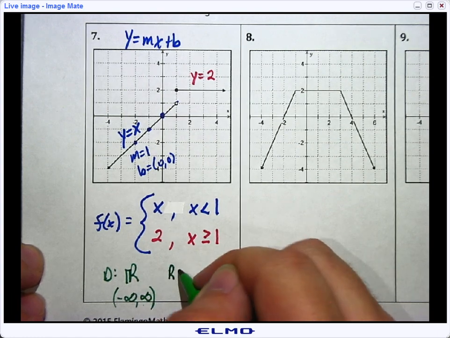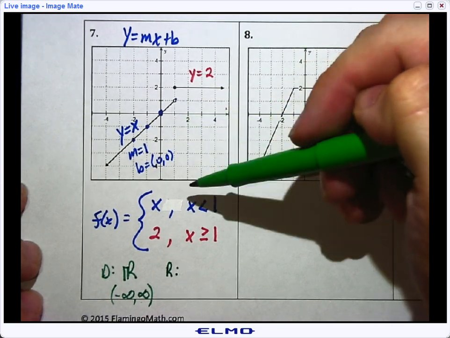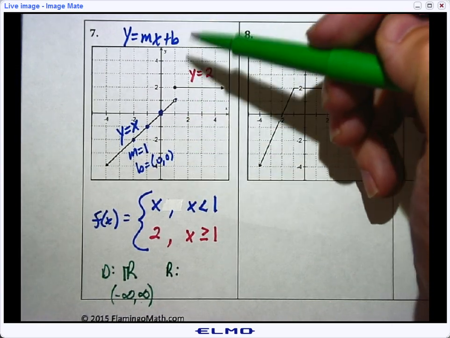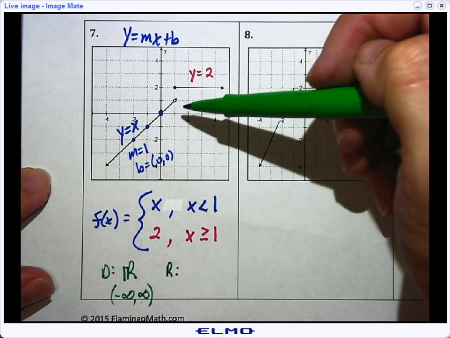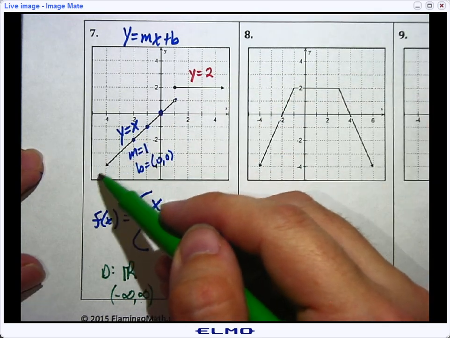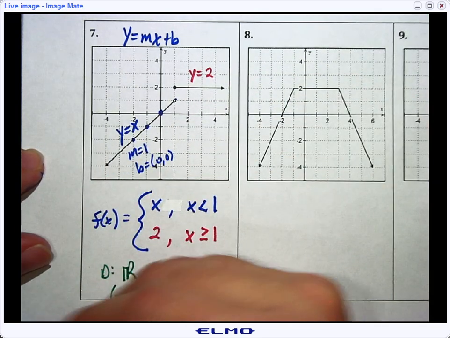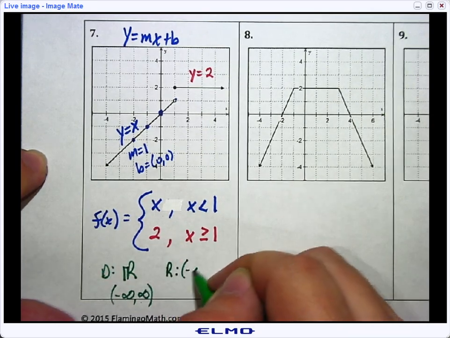Now let's talk about the range. Your range is a little bit different because range is up and down, and on this graph I have some things happening. In terms of how far down will this graph go? Well, since this part of the graph keeps on going down and down and down, it's going to approach negative infinity. So I know it's going to negative infinity.